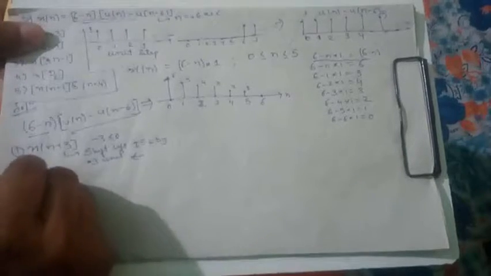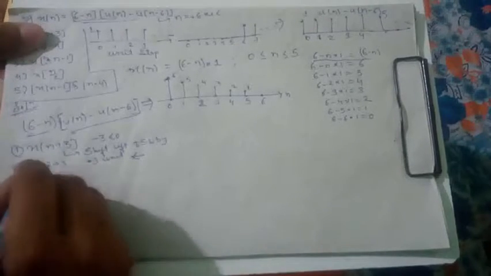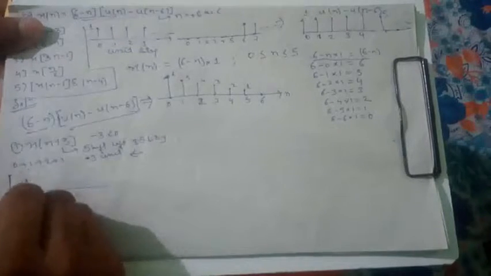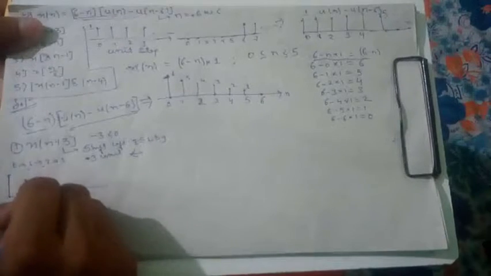That means 0 goes to minus 1, minus 2, minus 3. Now it is minus 3, minus 2, minus 1, 0, and then 1 unit, 2 units, 3.